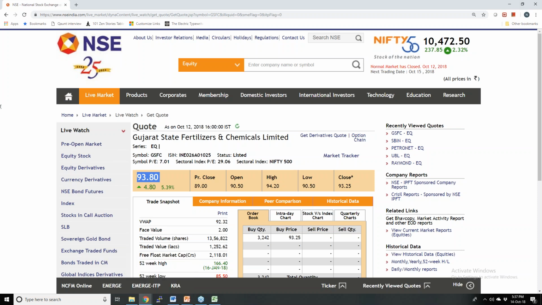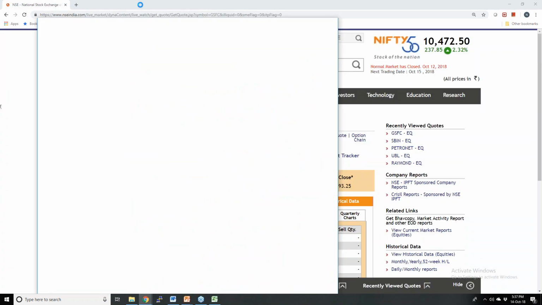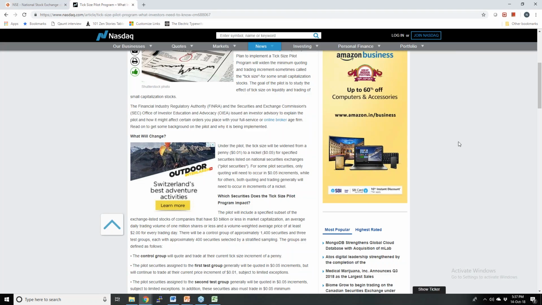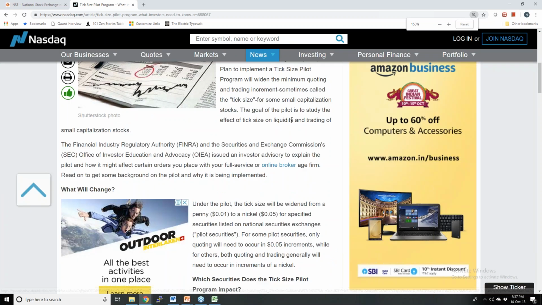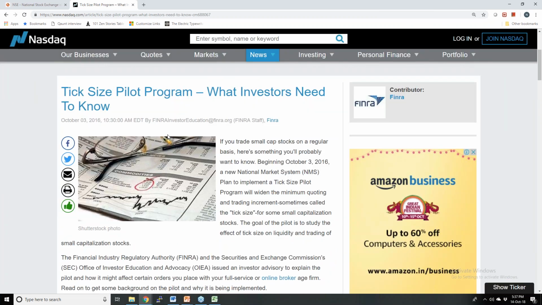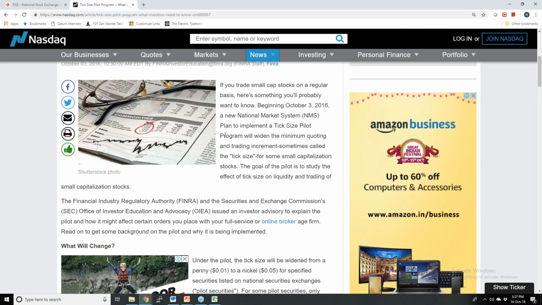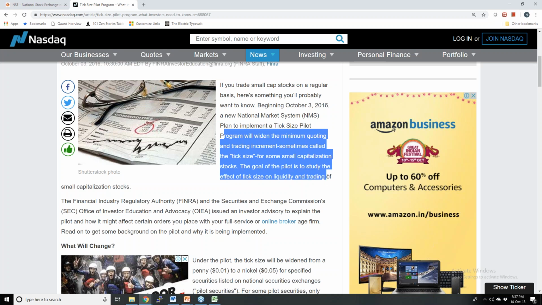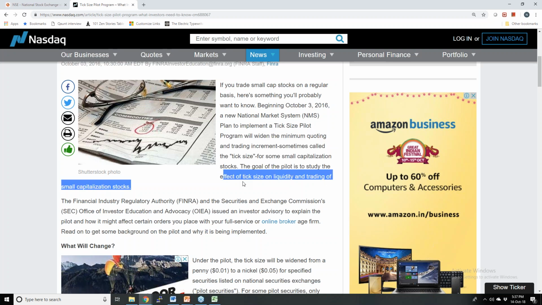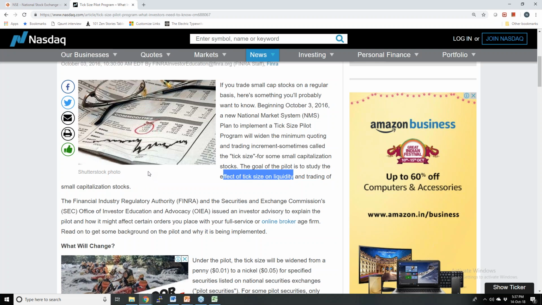Now, there was a very interesting study on tick sizes, the tick size pilot program that was started in the US for some exchanges. The goal of the pilot was to study the effect of tick size on liquidity and trading of small capitalization stocks.